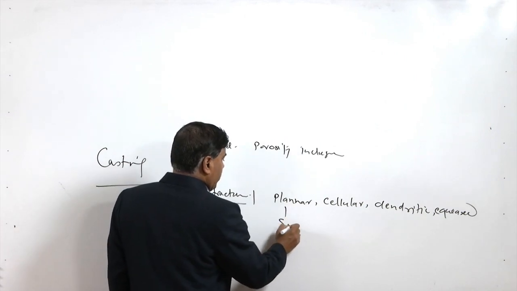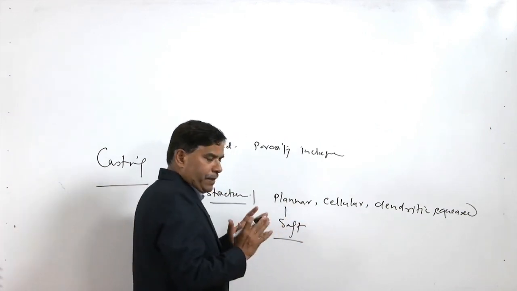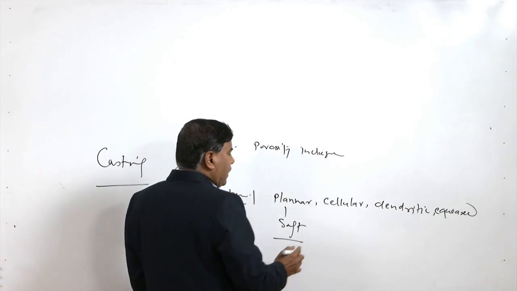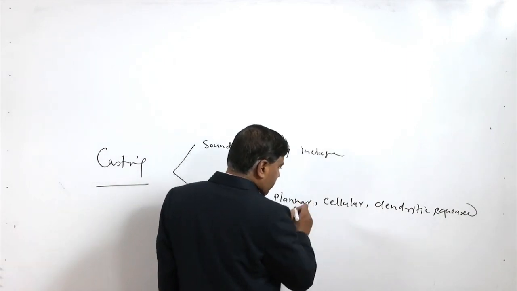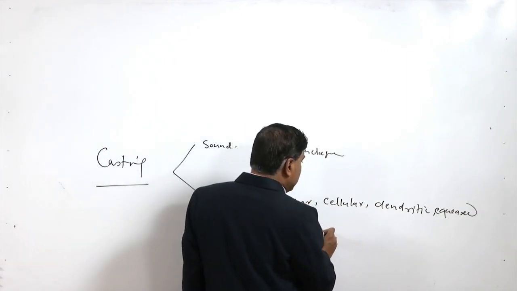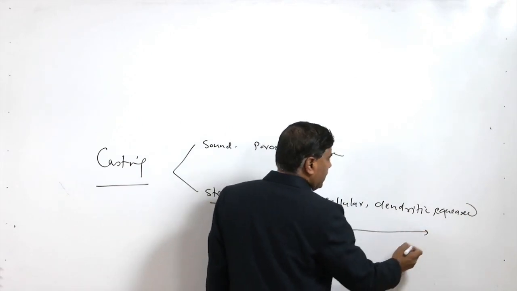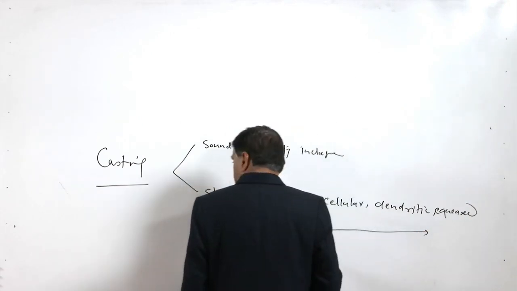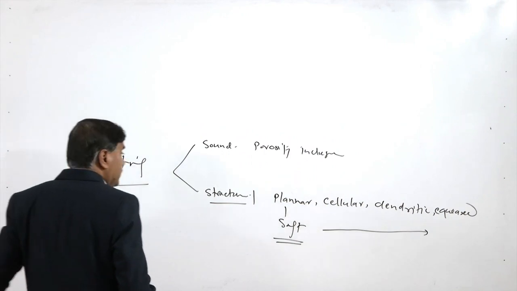The planar structure results in very soft material with very low hardness. It is mostly found in pure metal systems, and then there is increasing strength and hardness of the material.